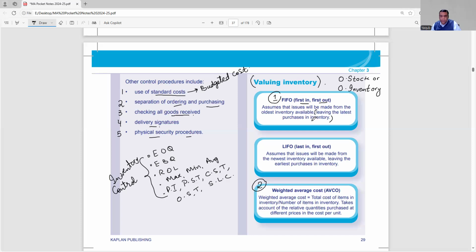So that's why in an MCQ, examiner can ask that FIFO uses latest prices to value the closing inventory. So must remember this, latest prices are used by the FIFO whenever they are valuing the closing inventory.